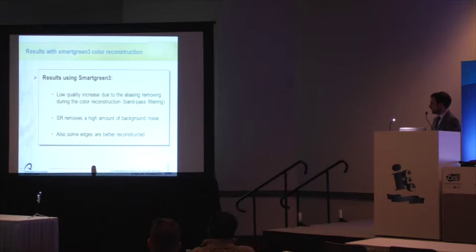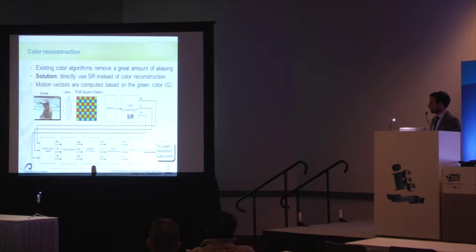In this case, we are reconstructing some edges. Okay, but we need to find an alternative. And an alternative could be to change the color reconstruction algorithm and use directly super resolution. This could be a solution.